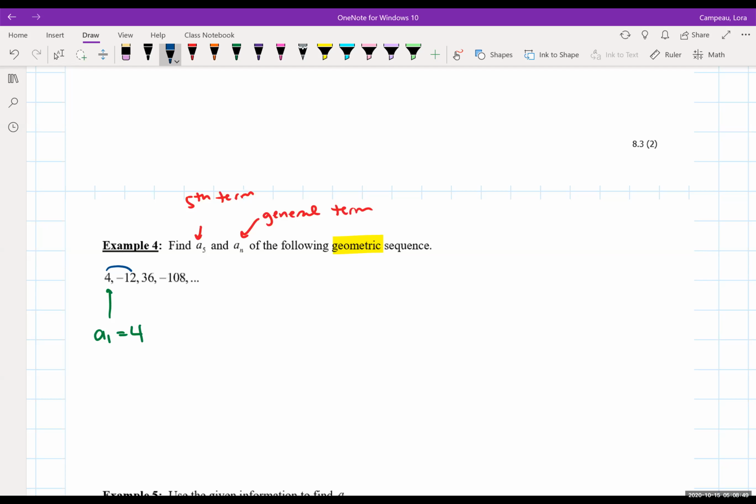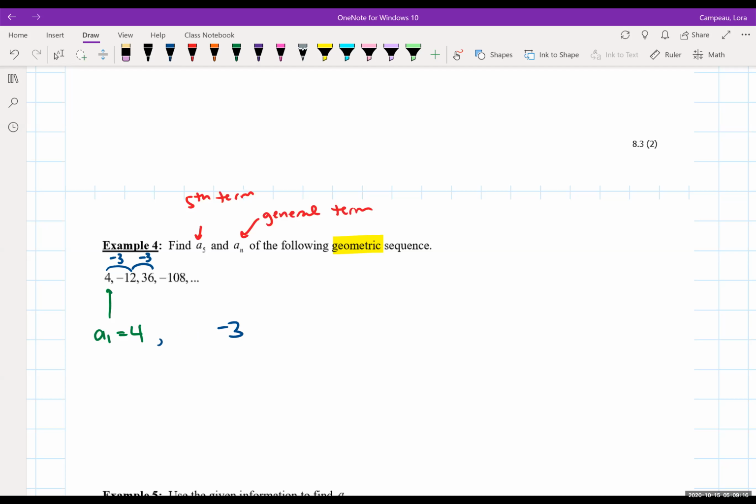We'll assume since it's geometric, we are looking at multiplication. In order for us to get from 12 to 36, just verifying that we did the math correct, 12 times 3 is 36. But in order to get a positive 36, we'd have to multiply negative 12 by negative 3. So we can feel pretty confident that we do have our common difference as negative 3.